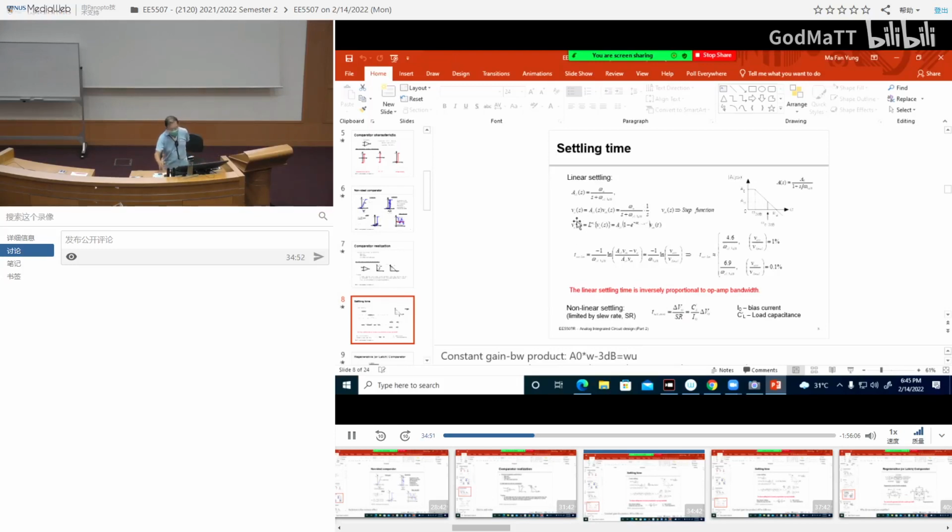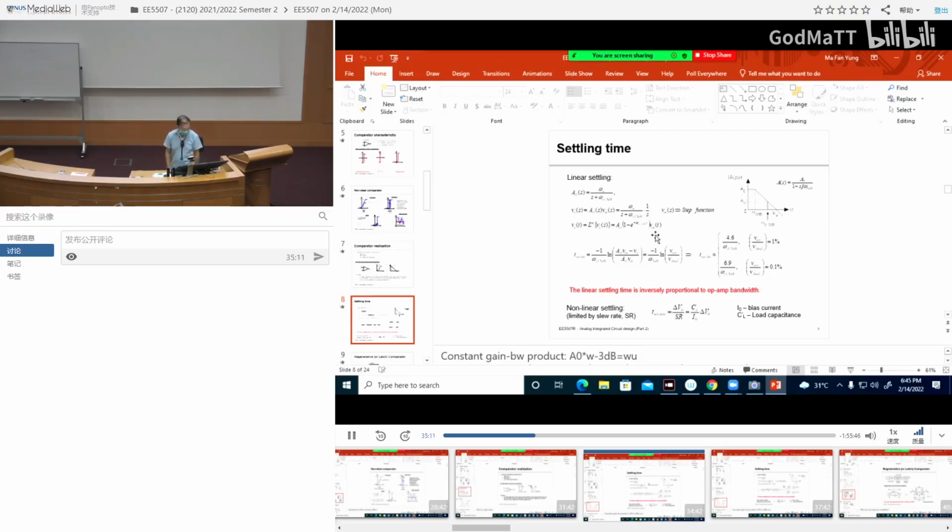Then to get back into the time domain, I take the inverse Laplace transform. There are a lot of tables to help you do this. You'll find that the output is basically a 1 minus exponential function.